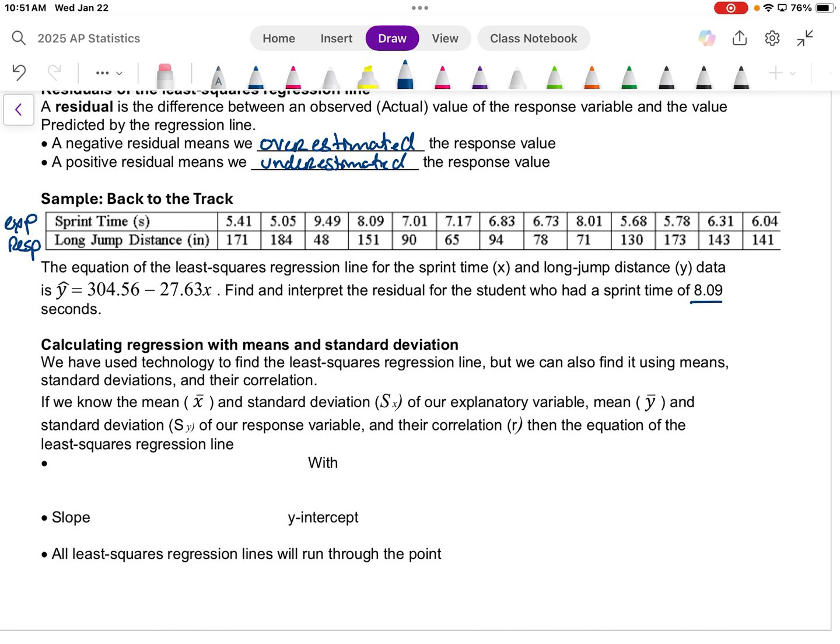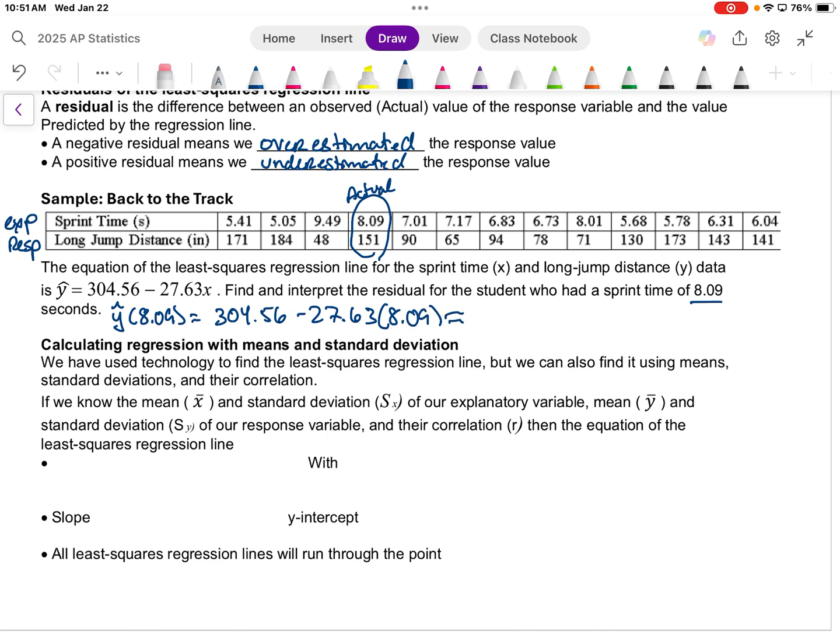So what we need to figure out is, first, we know where 8.09 is. Here is the actual. So that's the actual part. And so I need to figure out what is the predicted. What was the predicted amount for 8.09 seconds for that equation? So what is 304.56 minus 27.63 times 8.09?